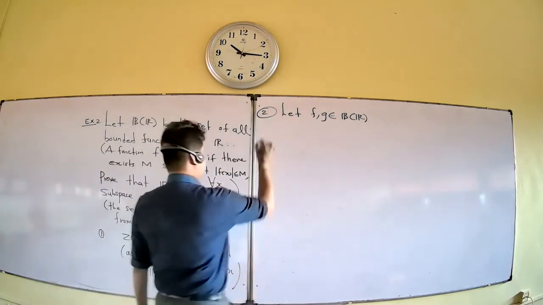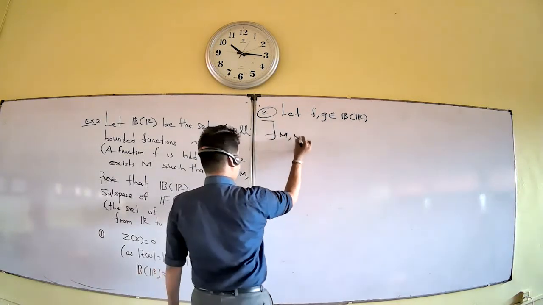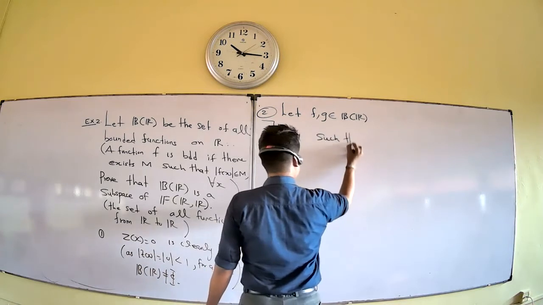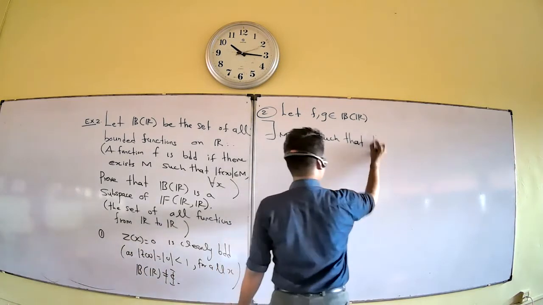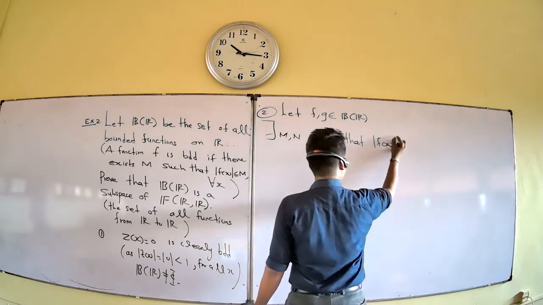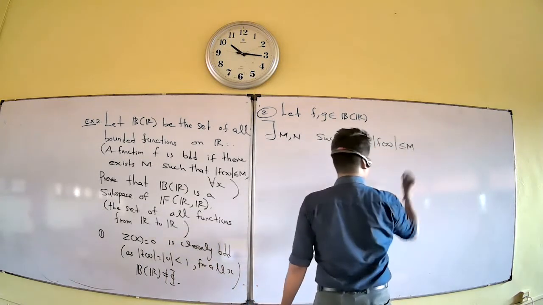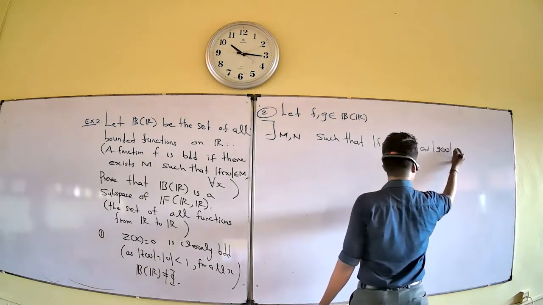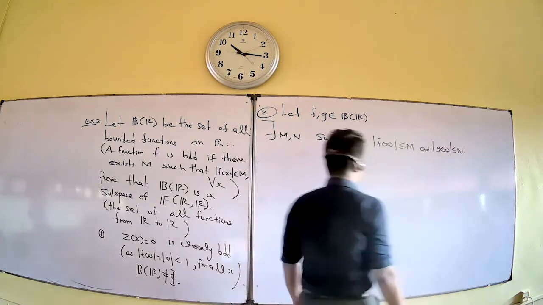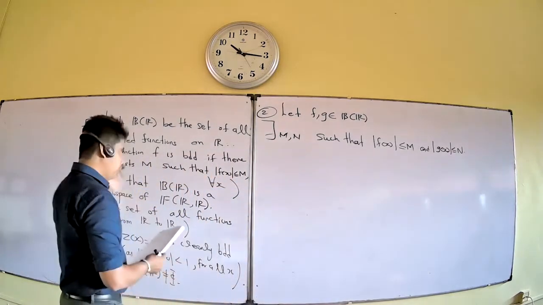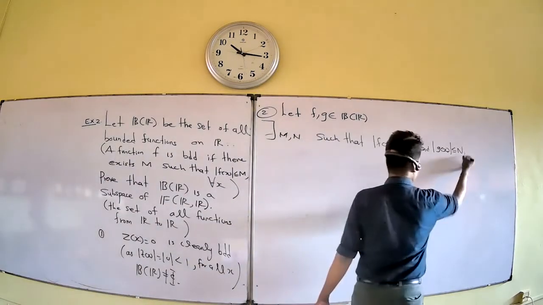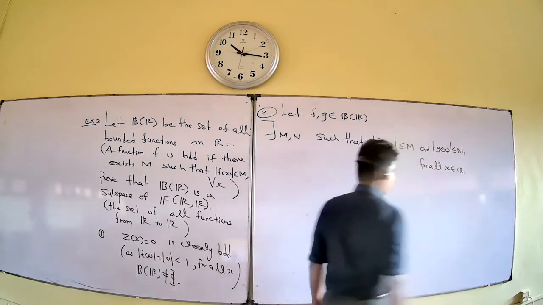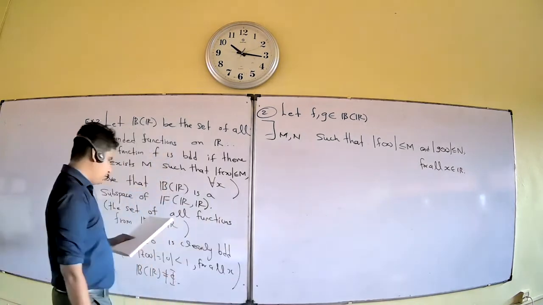Therefore, there exist m, n such that modulus of f(x) is less than or equal to m and modulus of g(x) is less than or equal to n for all x belonging to the real numbers.